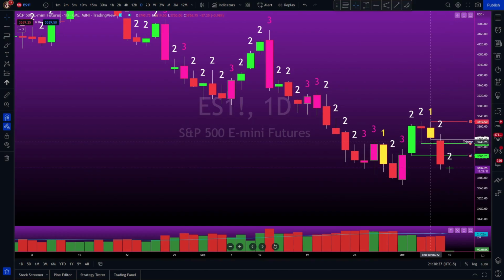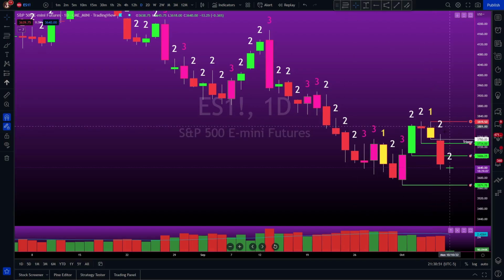So looking at a downside strat setup, we have a 2, 1, 2 down. We know what our trigger is, a break below the inside day. Target 1, target 2. There's a third target down here. That's kind of pushing it for a 1-day candlestick. So trigger here.